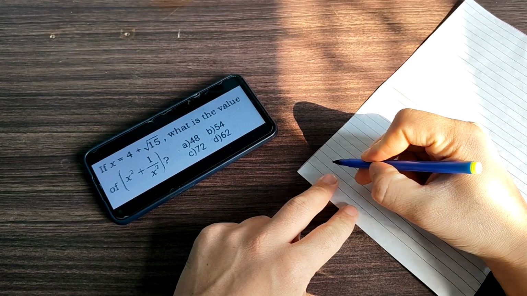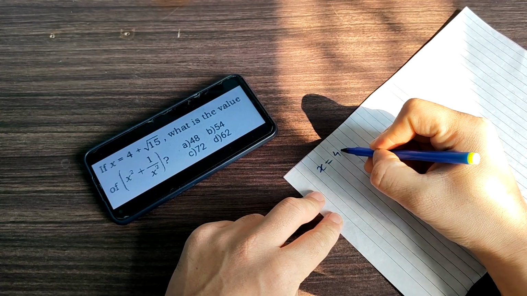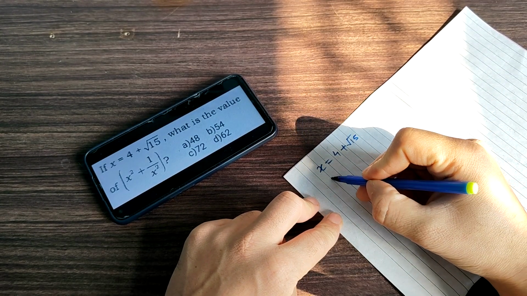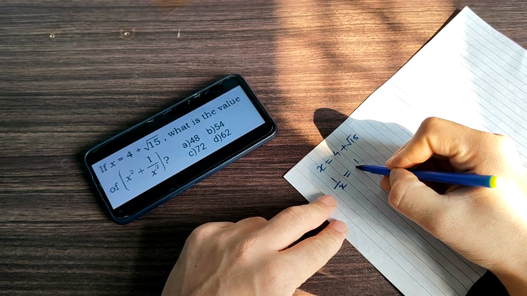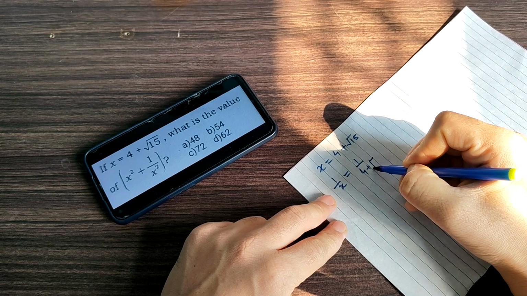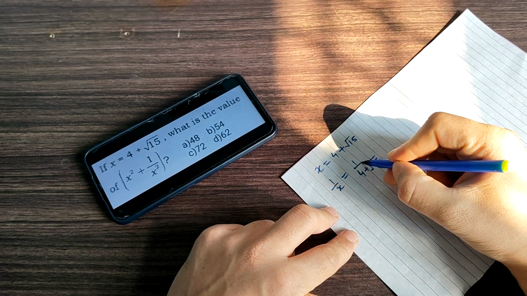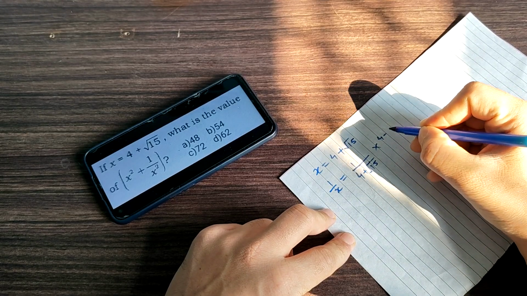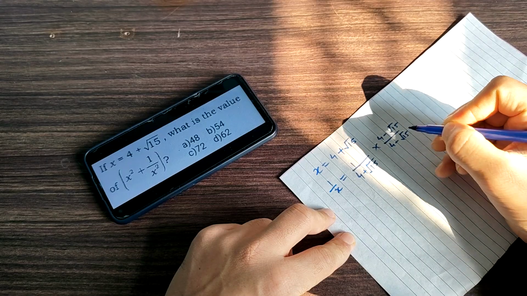You can see the given value x equal to 4 plus root 15. Now what we can do, let's divide it, so we can write 1 by x as 1 upon 4 plus root of 15. Now simply rationalize it by multiplying by 4 minus root of 15 upon 4 minus root of 15.